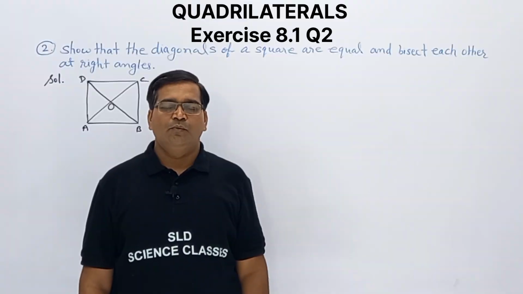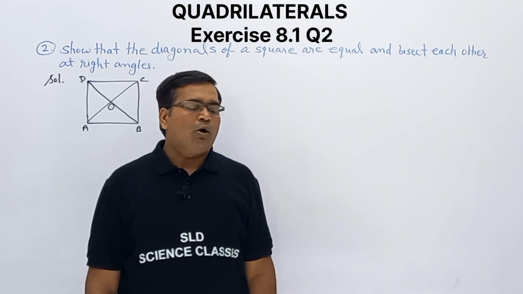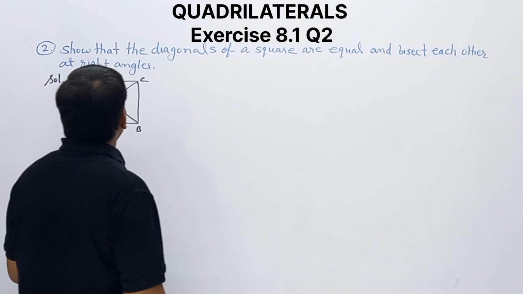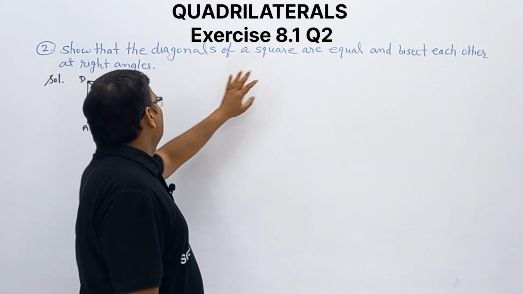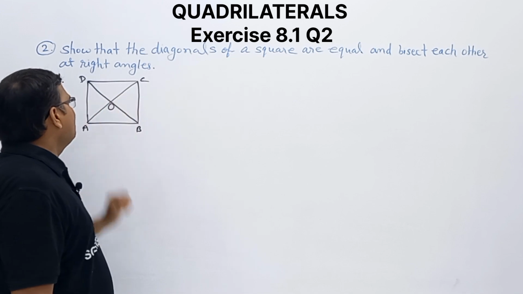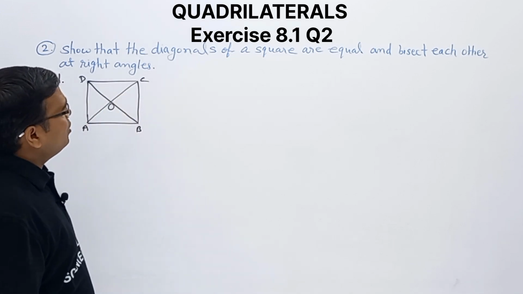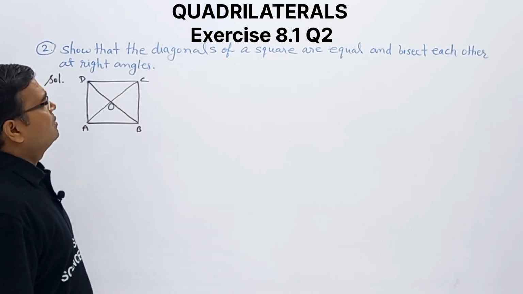In this class, we are going to discuss question number 2, exercise 8.1, quadrilaterals. Observe this question. The diagonals of a square: this is one quadrilateral, and it is a square.